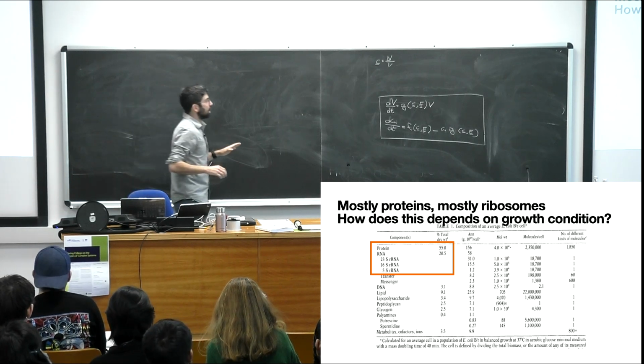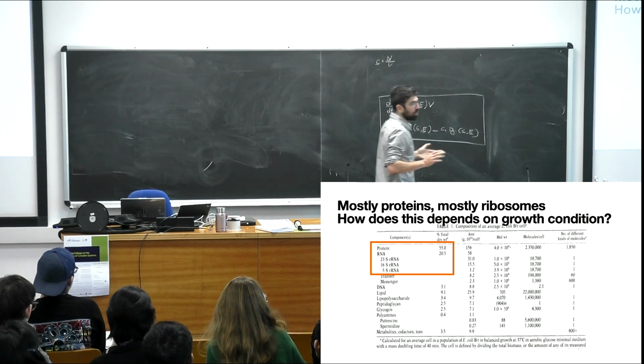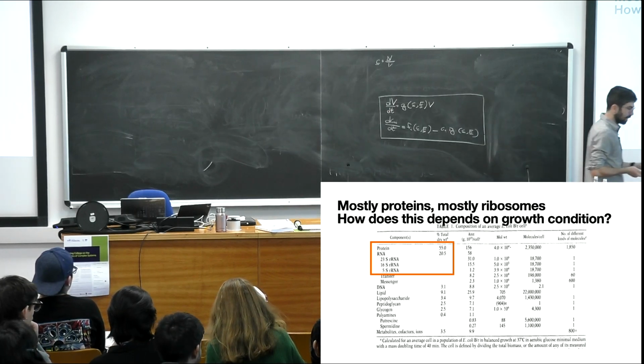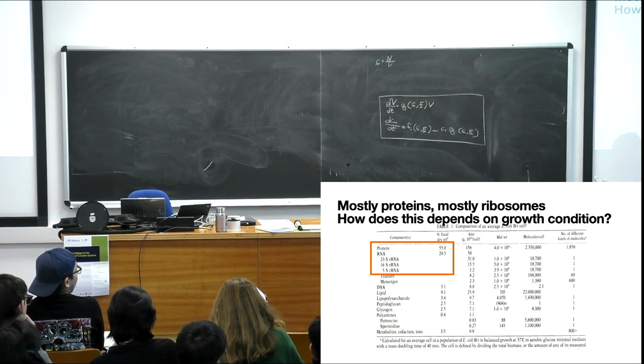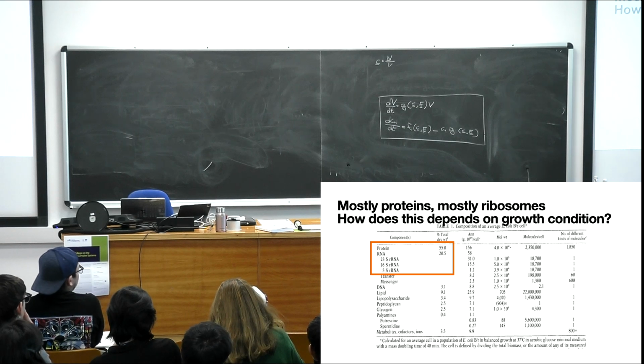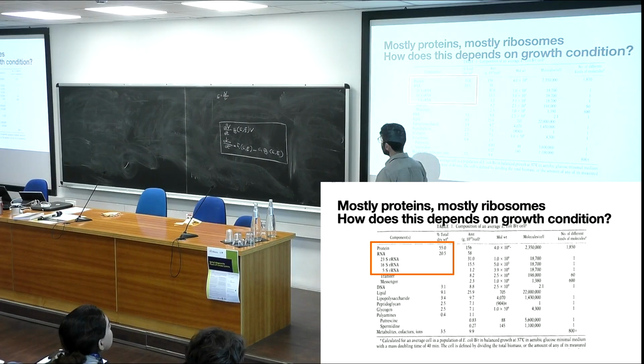Now, this is historically what people did. We want to understand what E. coli is doing. We start measuring stuff inside E. coli. The main two things to measure are proteins and RNA. Now, I don't care about the total weight, because this is a colony growing.